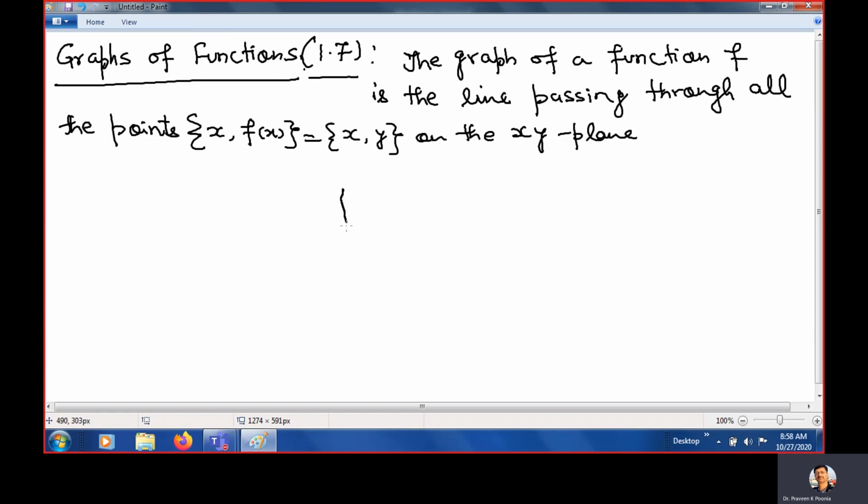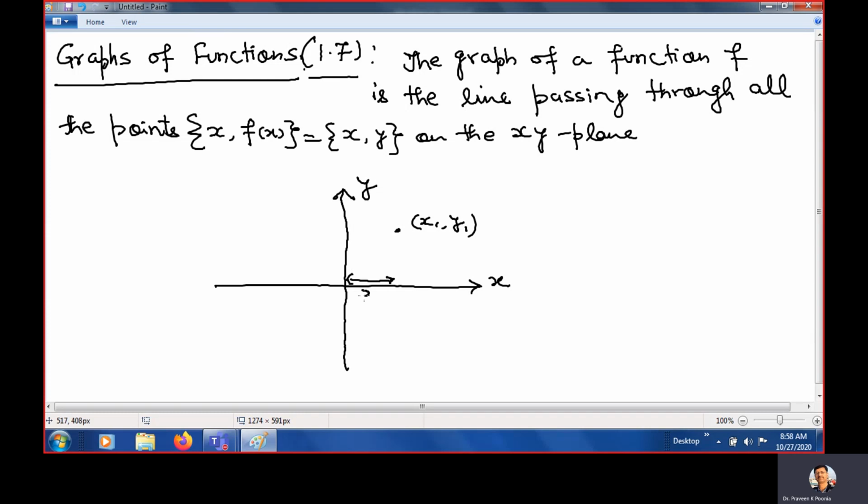Clear? Like if this is the x-axis and that is the y-axis. So if we want to draw a point here, this point is, let us say, x1, y1. So how is it represented?